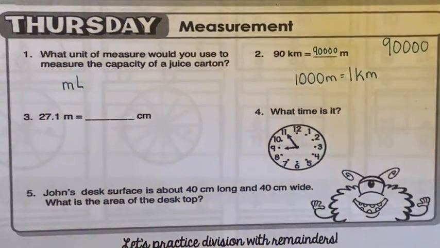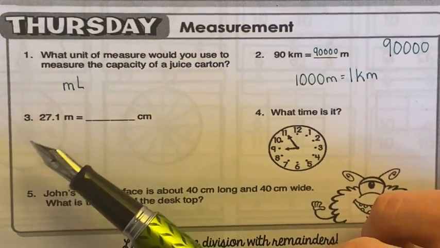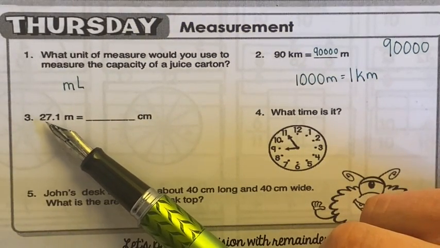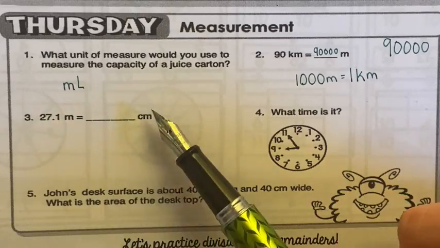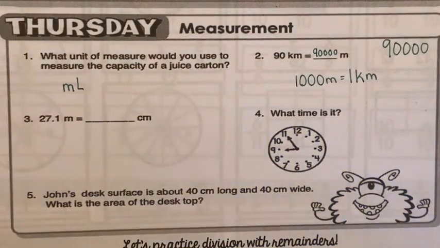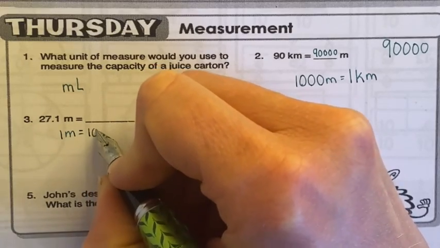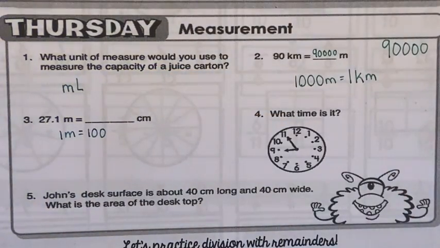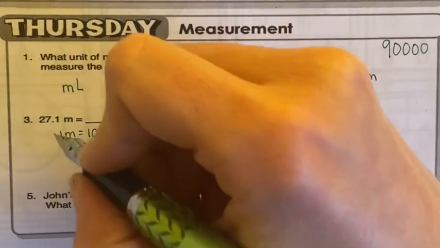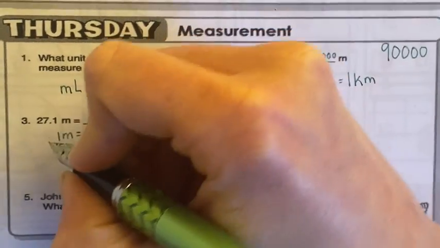Okay, now the next one, it's asking me to turn 27.1 meters into centimeters. Now to do that, we times, so 1 meter equals 100 centimeters. So this one has a 0.1. To multiply any decimal by 100, you just move the point.